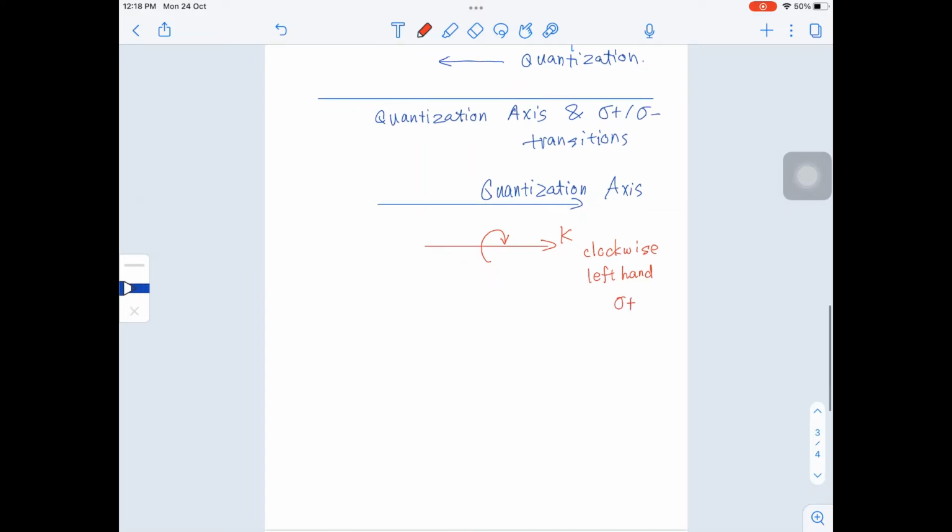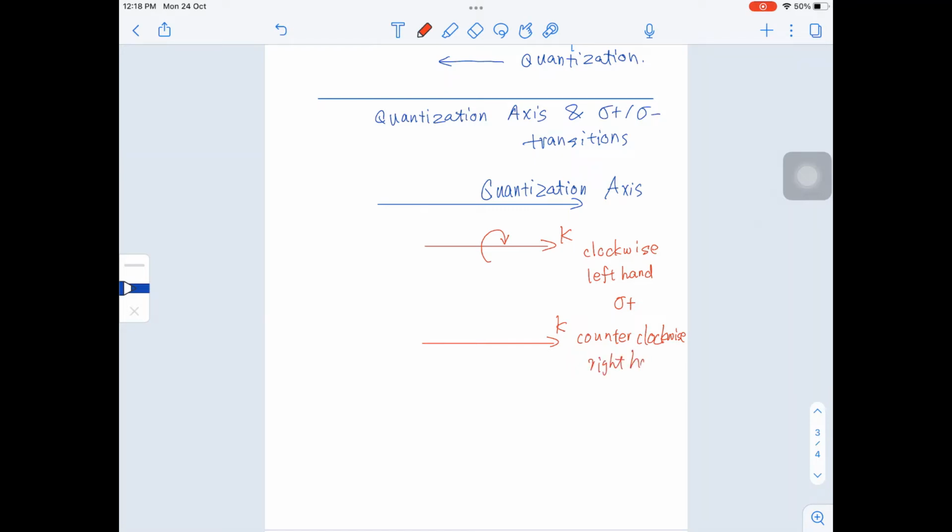When you have the light propagate along your quantization axis, but counterclockwise rotating, which is the right hand polarized.